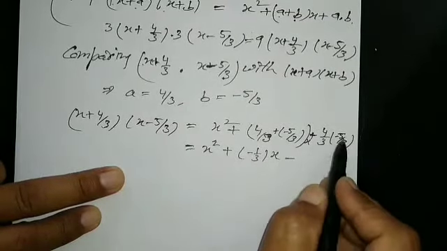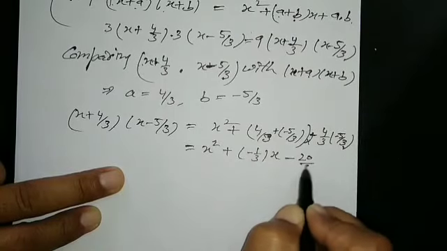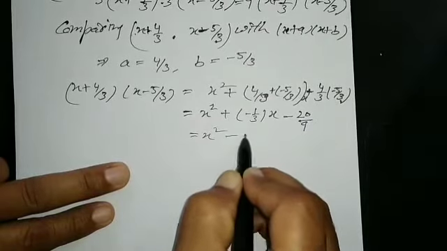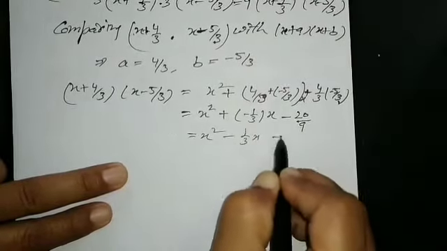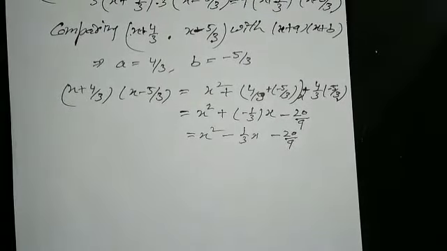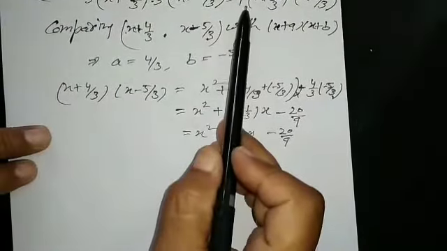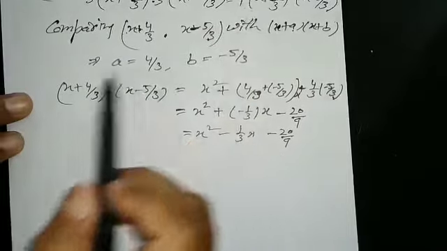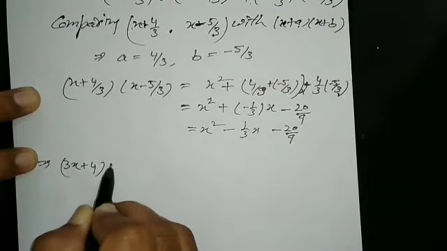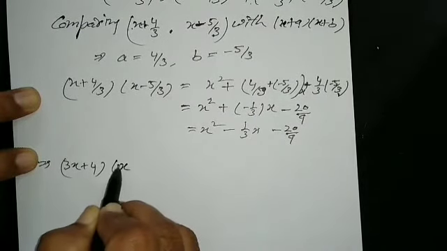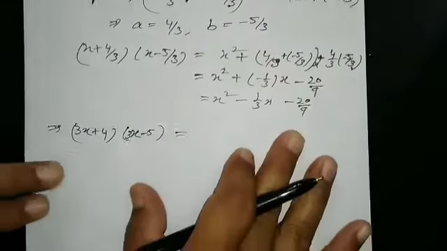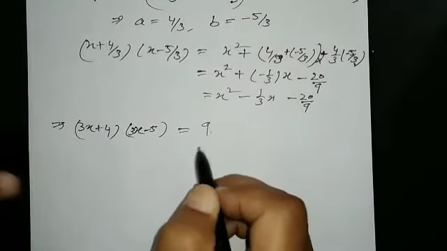And here that is minus 20 by 9, and you will get x square minus 1 by 3x minus 20 by 9. This is the product of these two factors, but as you know, we have to find this. Now write it as 3x plus 4, 3x minus 5 equal to, put the value in this term.